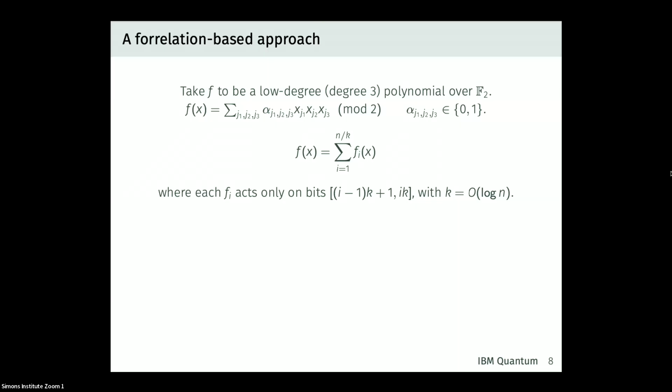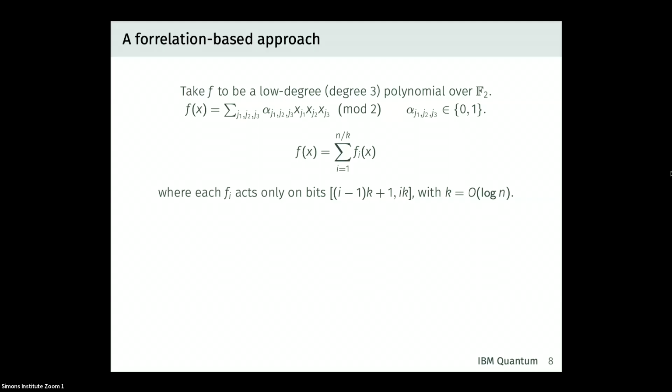This is all well and nice, but it's not clear how I would actually compute the correlator for a degree 3 polynomial. So what I want to do to make the correlation task easy initially, and then I'll try to make it hard again classically, is to say not only is f a degree 3 polynomial, but it's actually a sum of very small polynomials, also of degree 3, that just act on groups of k bits.